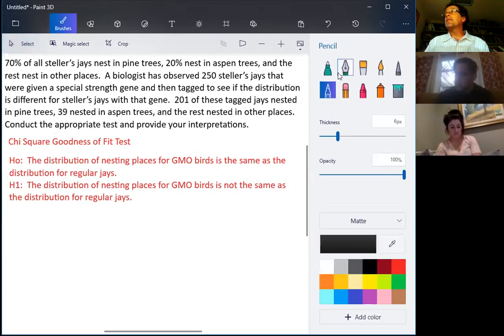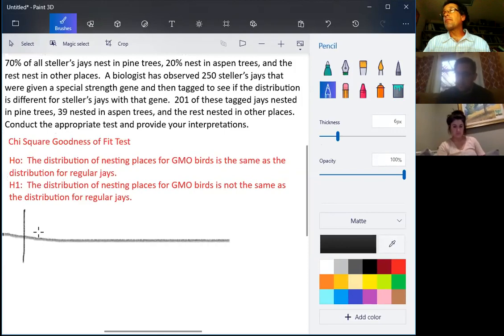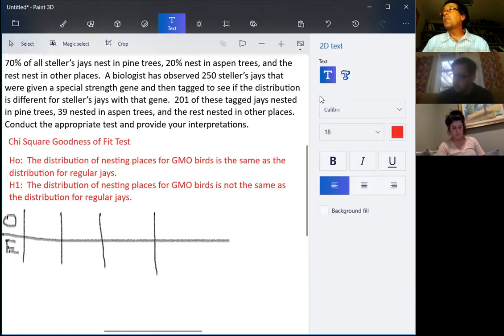Okay, so now what we need to do is get our observed and expected. So let me go and make a table. We have pine, aspen, and other. We have our observed, and we have the expected. And for the observed, I can put in our numbers.